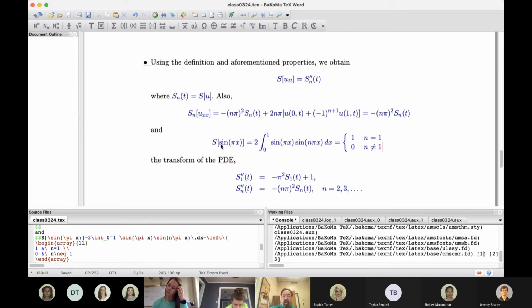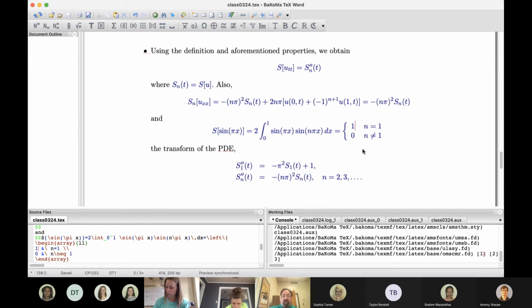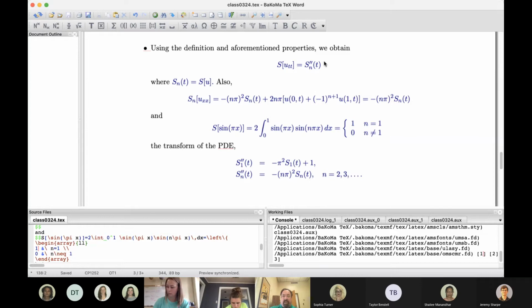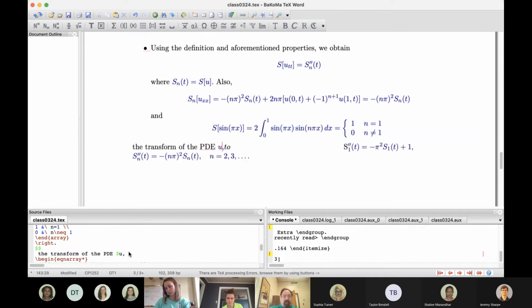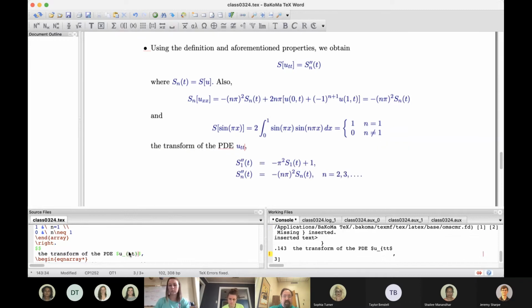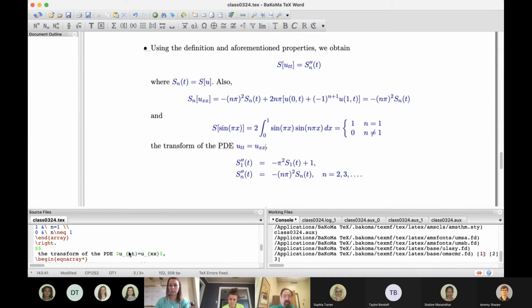When your source term or initial data is already a linear combination of functions of this form, the coefficients in that linear combination give you these coefficients, the S_n. So for the source term, we only need to include this when n is equal to 1. Otherwise, we don't include anything. Recall the PDE is u_tt equals u_xx plus sine pi x.